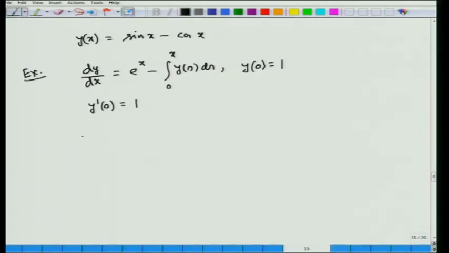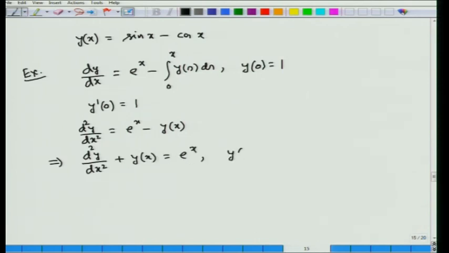Then differentiating both sides with respect to x, we find d2y/dx2 equal to e to the power x minus y(x), applying the Leibniz formula. This gives us the ordinary differential equation d2y/dx2 plus y(x) equal to e to the power x, and we have two initial conditions, that is y(0) equal to 1 and y dot 0 equal to 1.